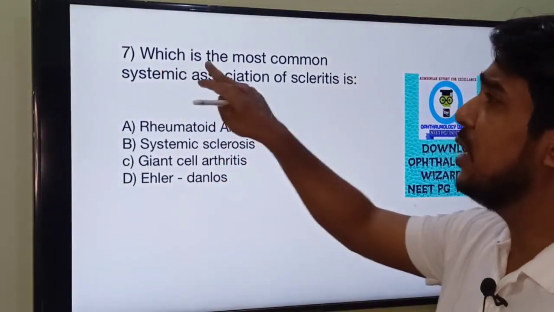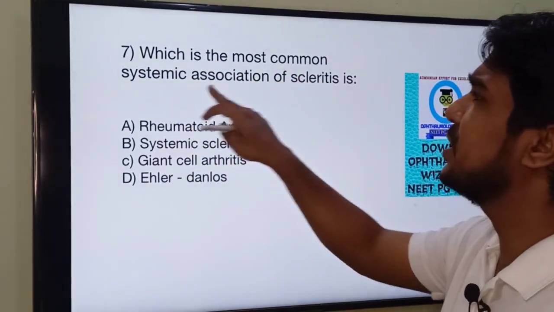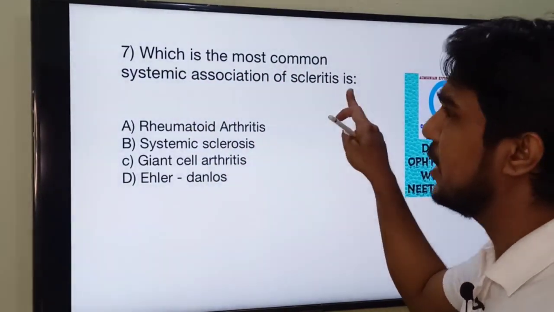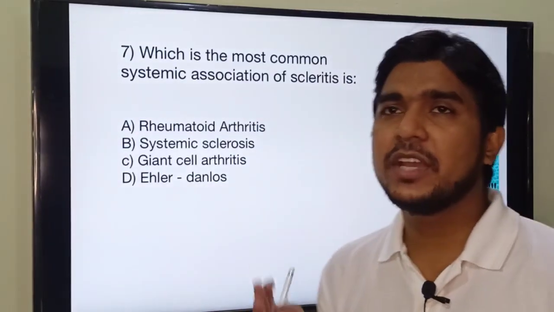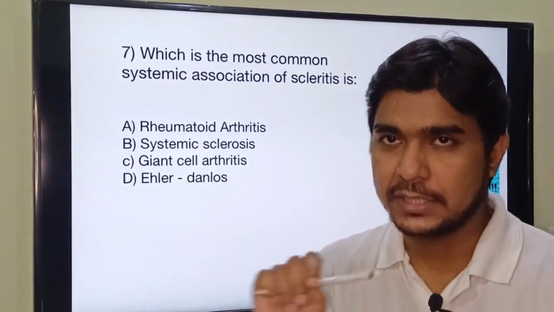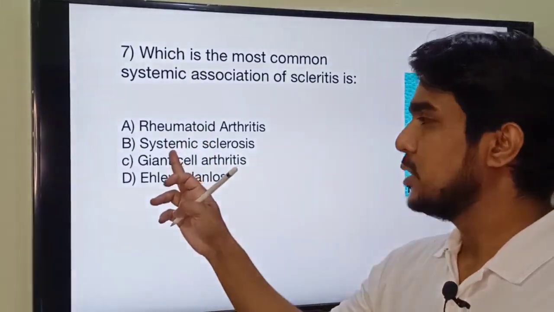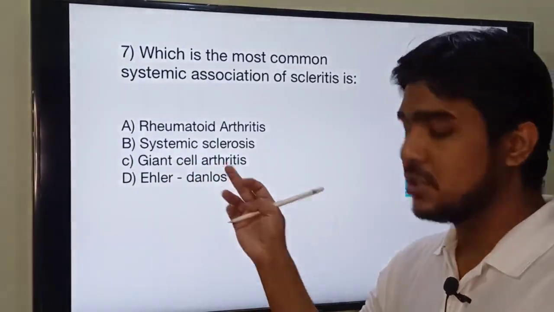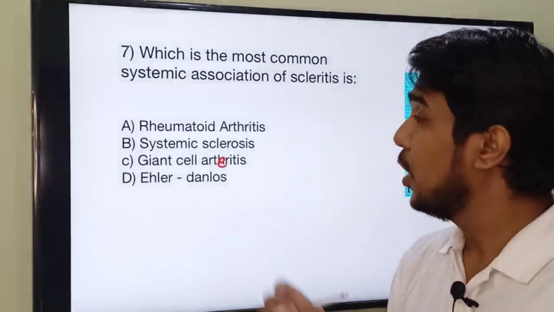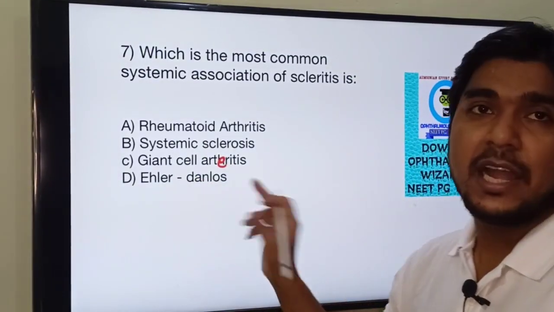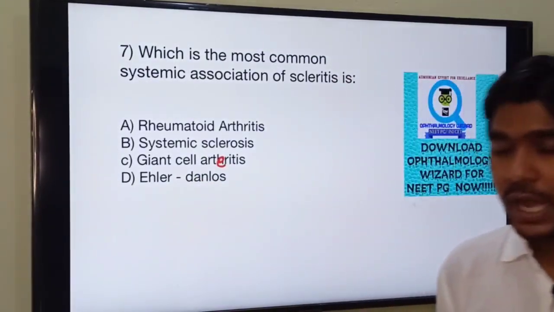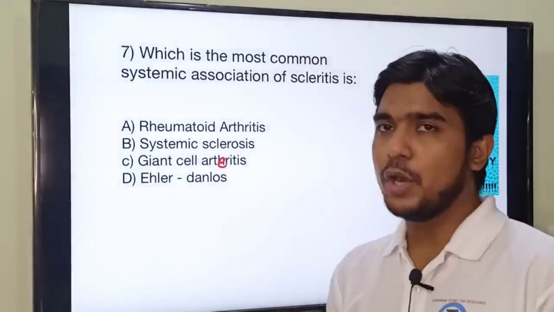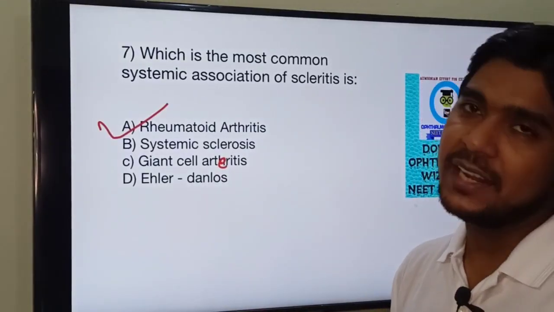Which is the most common systemic association of scleritis? Basically we can say posterior scleritis. Options: rheumatoid arthritis, systemic sclerosis, giant cell arteritis, or Ehlers-Danlos syndrome. So the answer, a very important question, is rheumatoid arthritis.